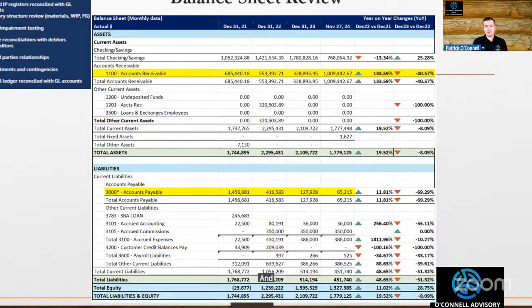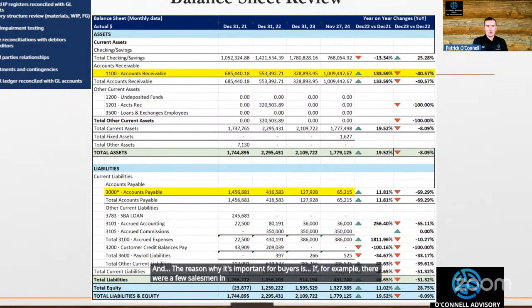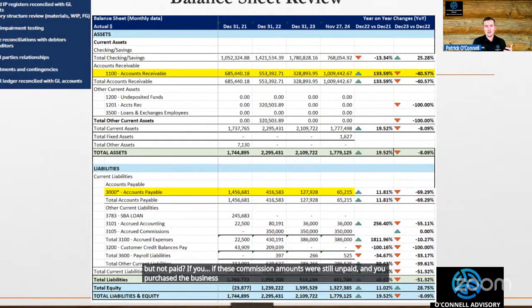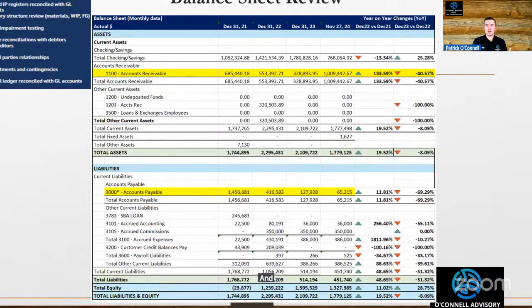The reason why it's important for buyers is, if, for example, there were a few salesmen in the company who were owed commissions but not paid, if these commission amounts were still unpaid and you purchased the business, and 1 month into your new business purchase, the salesman said, by the way, I'm still owed $350,000 from the sale I had last quarter.